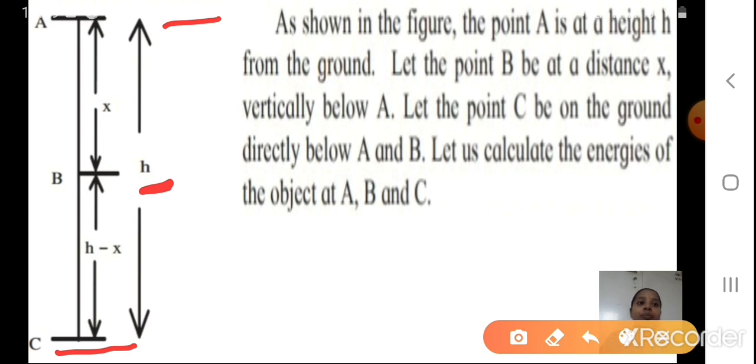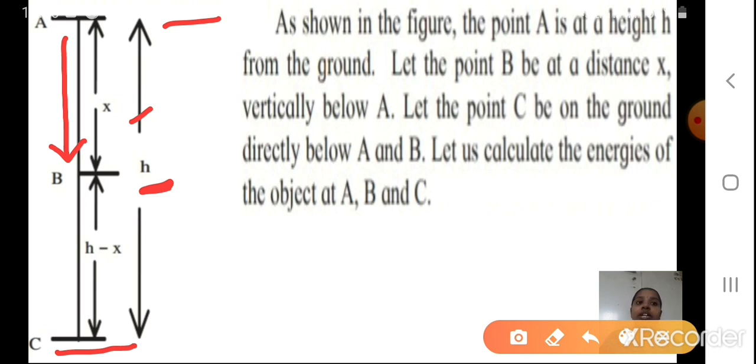Now let the point B be at a distance x vertically below A. So vertically below A, this is the point B, which is at the distance x. Let the point C be the ground, directly below A and B.